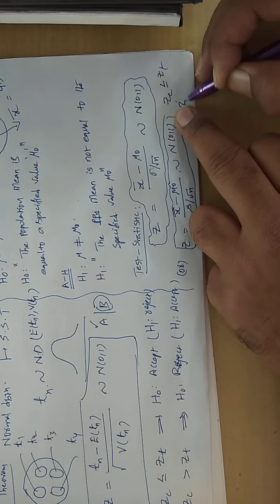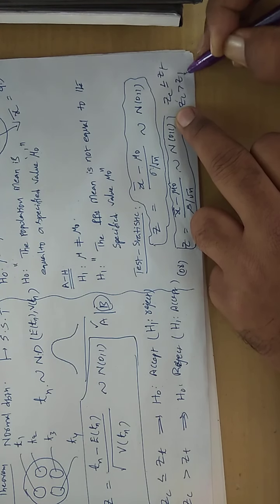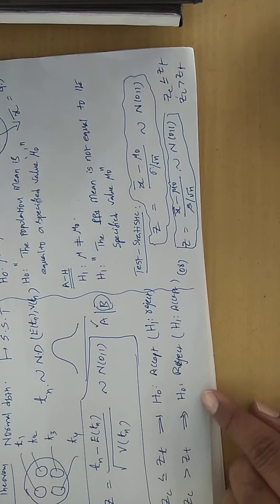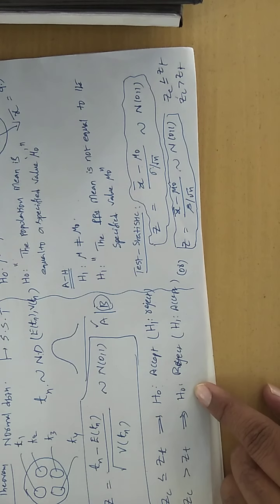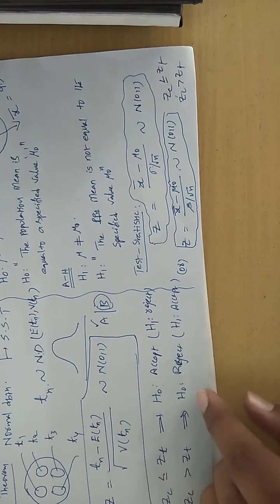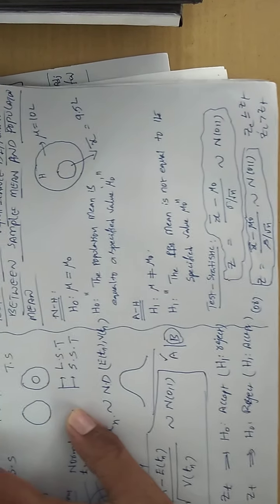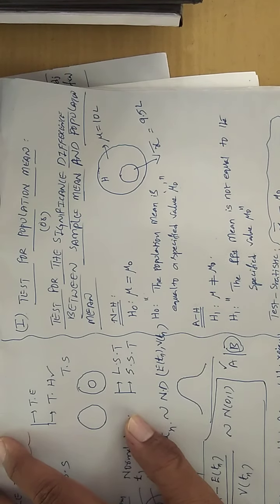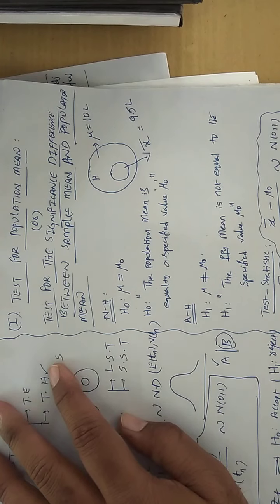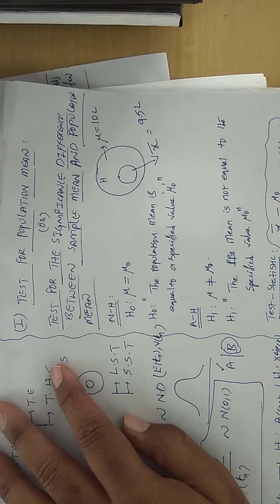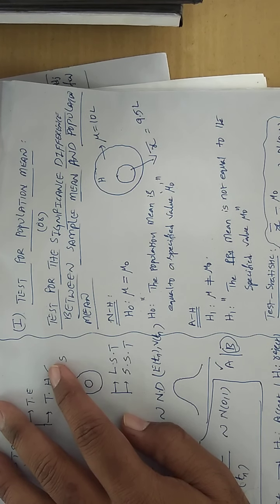If it is greater than ZT, we reject the null hypothesis. This is the final decision making. So this is known as the testing procedure of the first test. What is the first test? The test for population mean.